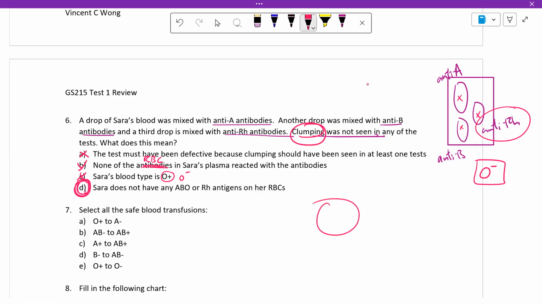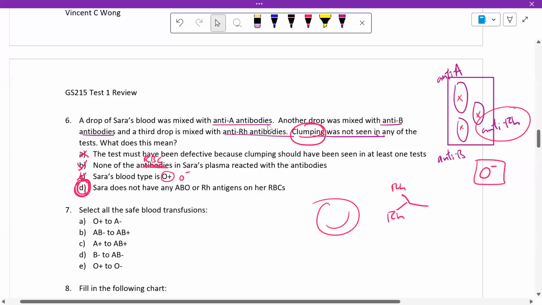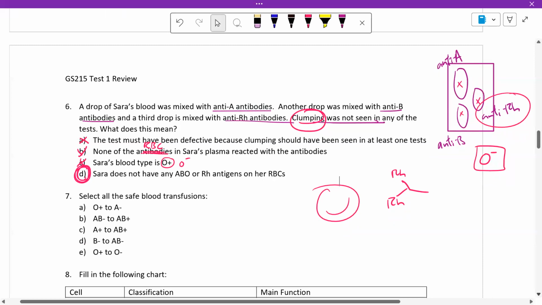If the cell has RH, the anti-RH antibody is going to attack it, right? But we didn't see the attack, we didn't see the clumping. That means there's no RH, right?